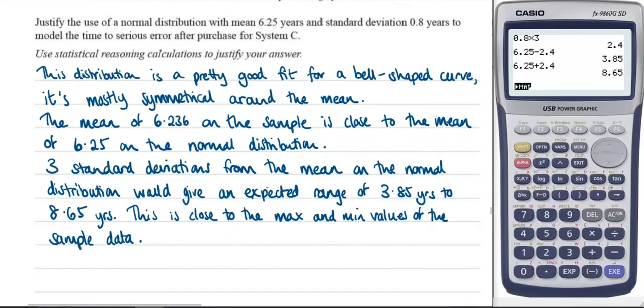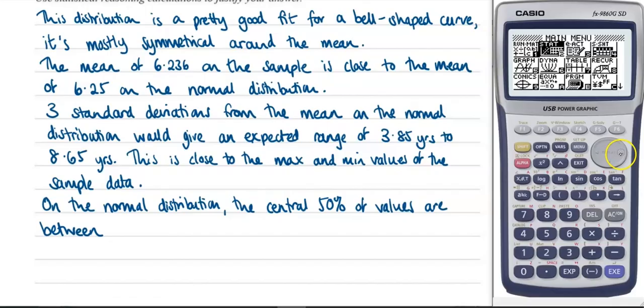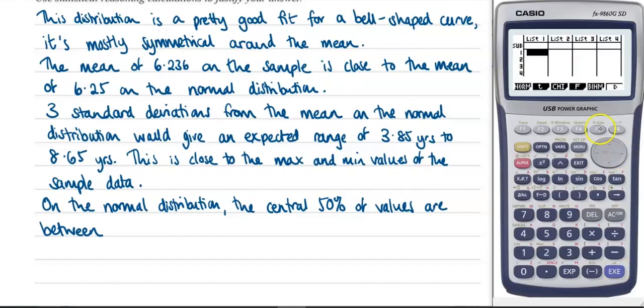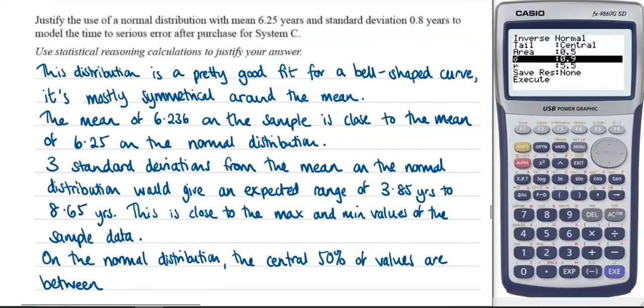Okay, so the central 50% on the normal distribution. Let's go over to our stats distribution, and we are doing an inverse normal. We want the center, an area of 0.5. Those values are still sitting in there from before, so we have to change them to these ones.